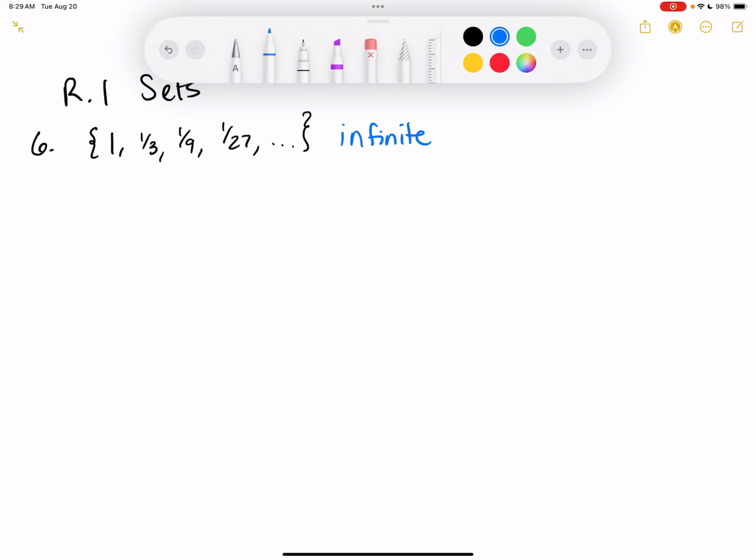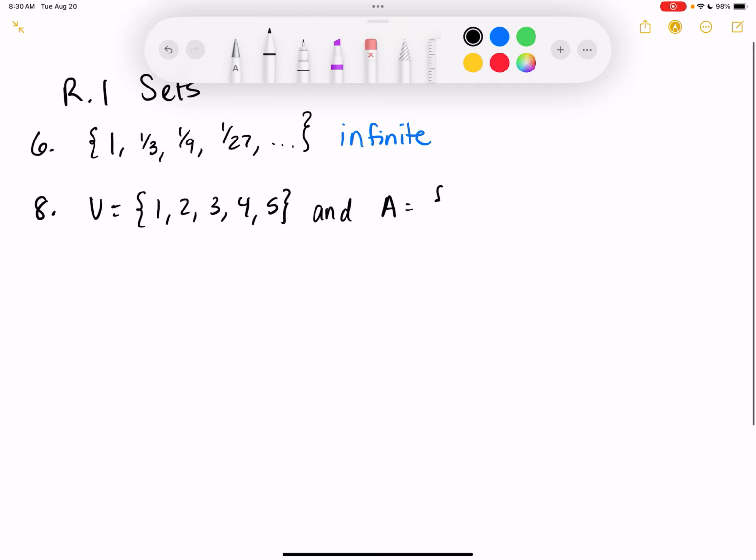Another concept one says let U be the set 1, 2, 3, 4, 5, and A is the set 1, 2, 3. They want us to find A complement, which is the A with the little apostrophe on it.